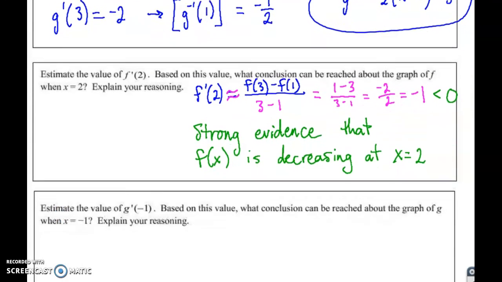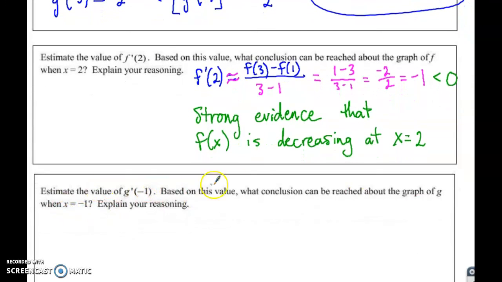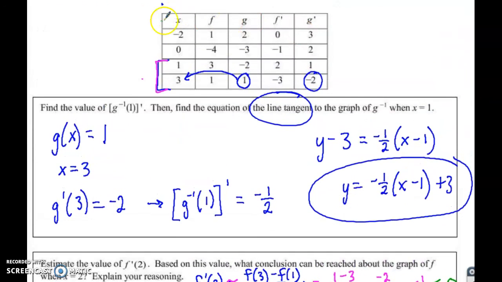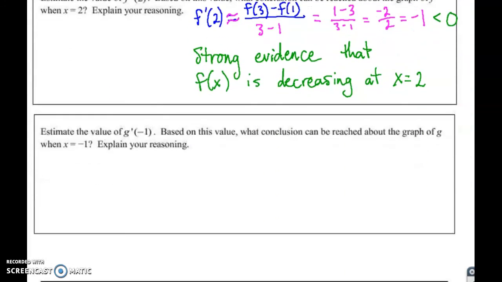I think the last one is really the same type of problem. Estimate the value of g prime of negative 1. Well, as you go back to this, we want to look at between negative 2 and 0. So g prime of negative 1 is a rough estimate for g of 0 minus g of negative 2 over 0 minus negative 2.